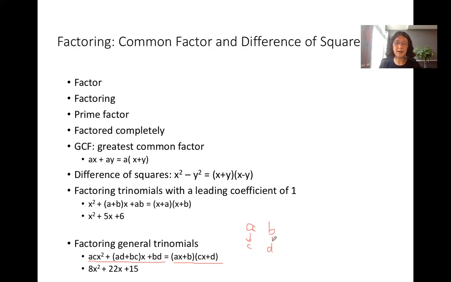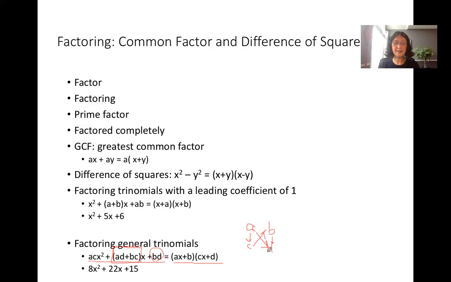B multiplied by D must be the constant. And if you do the cross product, A multiplied by D plus C multiplied by B, you get the coefficient of x. So the coefficient of x is the cross product.